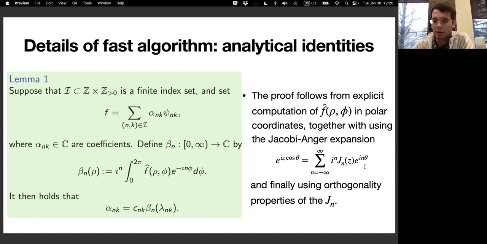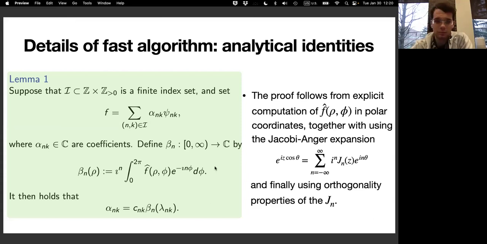And then we use this expansion here, the Jacobi-Anger expansion. You just plug that in, and you plug in this definition of beta, and then use some orthogonality properties of the Bessel functions, and this just falls out. Okay, so it's not a long calculation, maybe half a page to a page, but I don't think I'll say too much more about it.